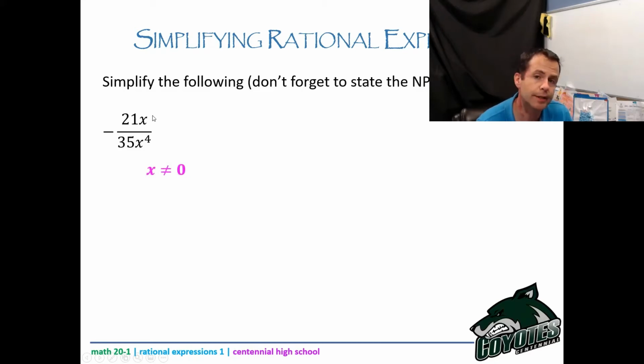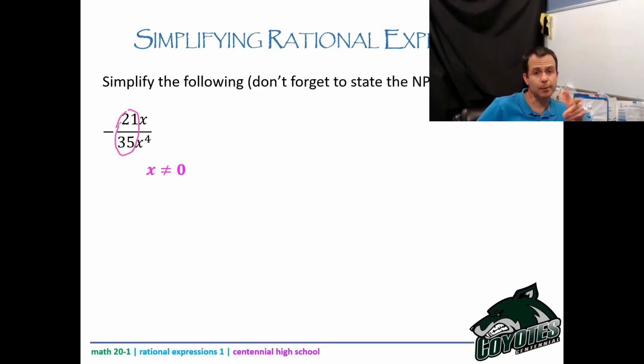Now I want to look at this, and essentially I just want to reduce it, right? 21 over 35, both of those are divisible by 7, so that would reduce to 3 over 5. Then x over x to the 4 would essentially reduce to x to the 3 on the bottom. If you're happy with x to the 3 on the bottom, awesome.